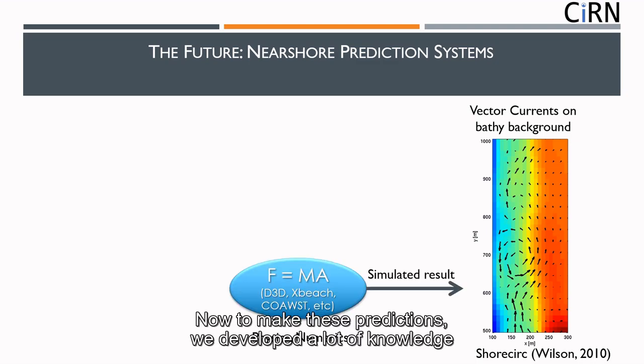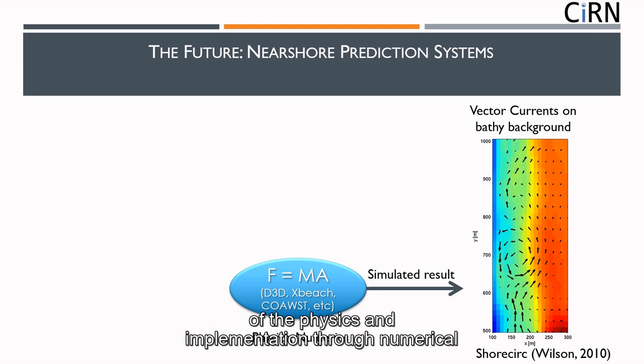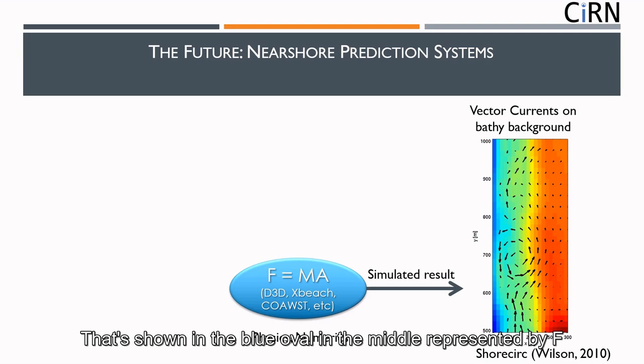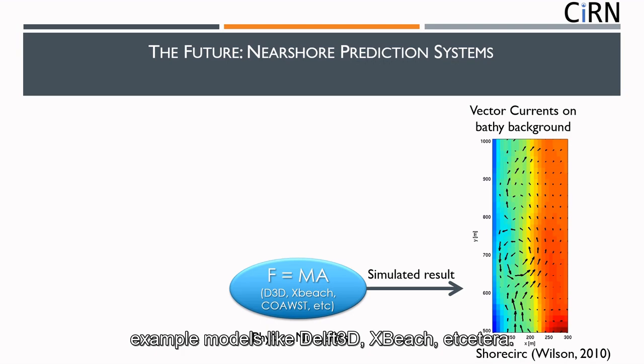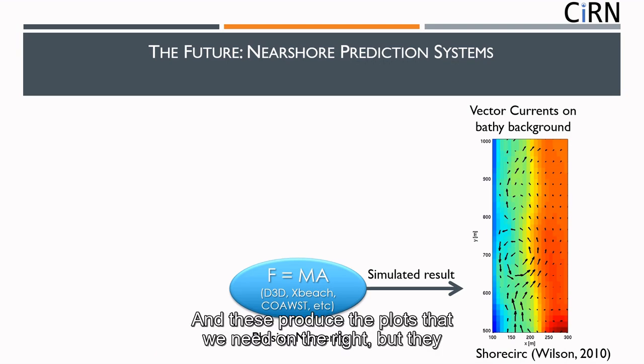Now, to make these predictions, we developed a lot of knowledge of the physics and implementation through numerical models. That's shown in the blue oval in the middle, represented by F equals ma for the physics, and then implementations of various example models like Delft3D, XBeach, etc. And these produce the plots that we need on the right.